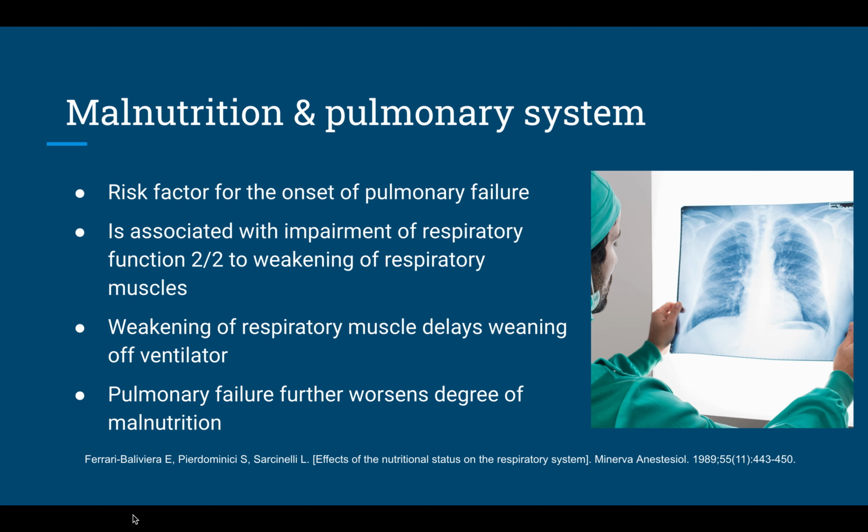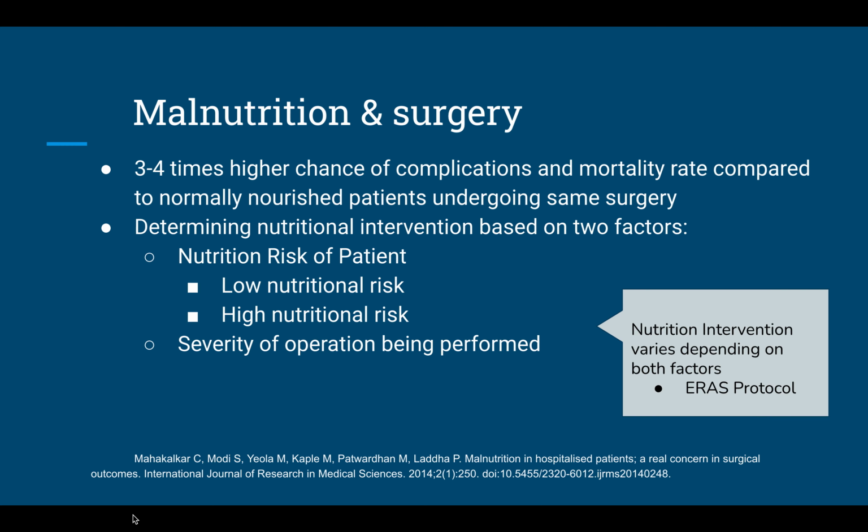There's also these weak muscles that delay weaning of the ventilator, which is just very bad for the patients. We want to avoid ventilators if possible, and if a patient is on vent support, we want to get them out as soon as possible. And of course, that's a cycle because malnutrition affects pulmonary failure, but then pulmonary failure makes malnutrition worse.